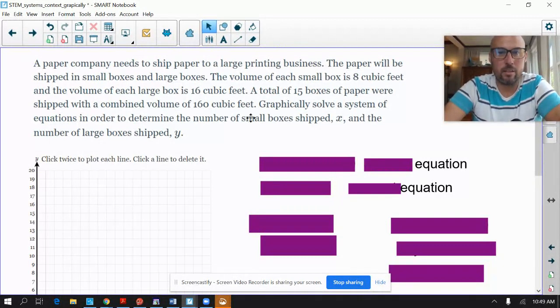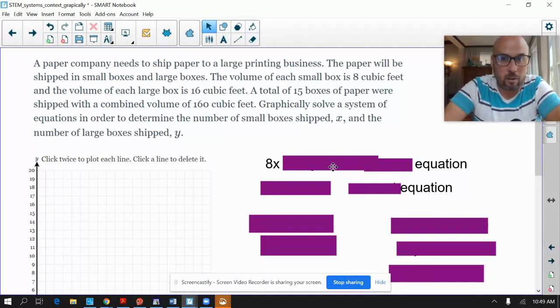So how am I going to get two equations here? Well, first of all, the total volume is 160 cubic feet. Every small box has 8 cubic feet, and every large box has 16. And I don't know how many small boxes there were. That's why it's X. But if I take 8 times X, that will tell me all of the volume that these small boxes are bringing in.